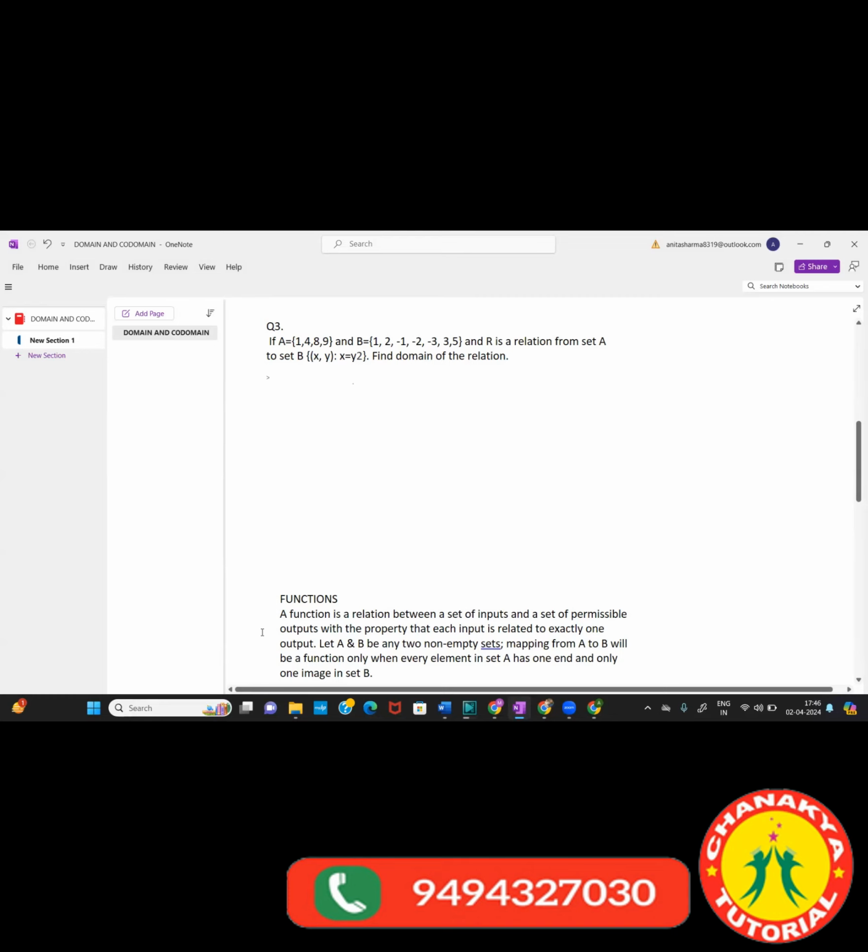And set B is 1, 2, minus 1, minus 2, minus 3, 3, 5. And R is the relation from set A to set B such that x equals y square. Then you have to find the codomain of the set. Then you have to find the domain of the set.